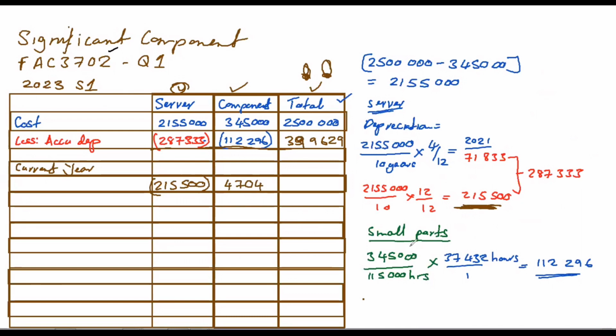Then, according to the standard, when the old component is no longer used, you remove it from the books and you recognize the new one. When you're recognizing, you recognize the new one at its cost price, and you de-recognize the old one at what? Who knows?